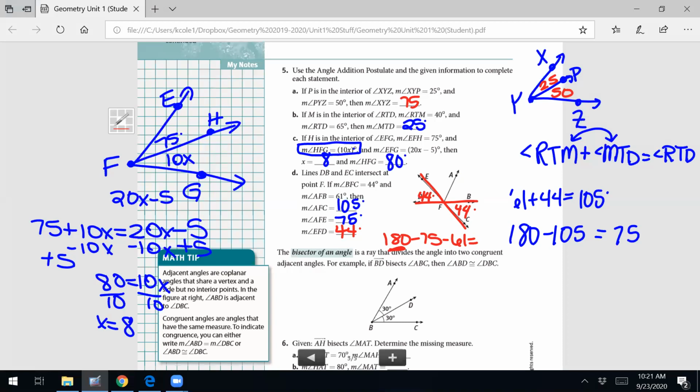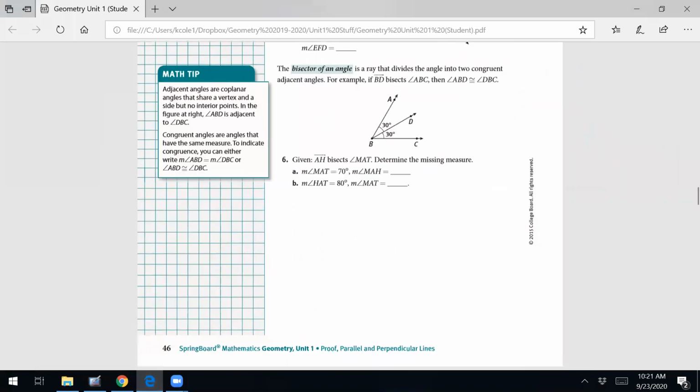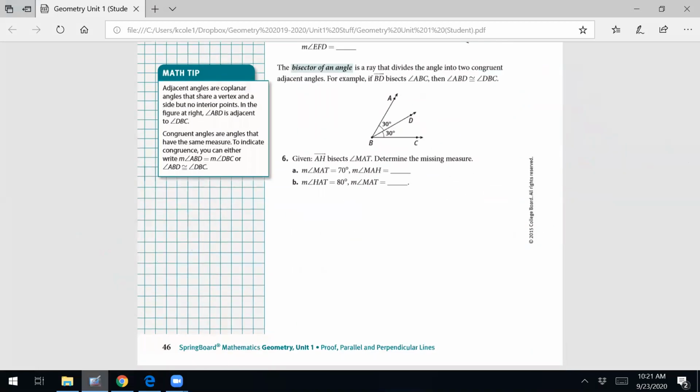So just like with segments, just dealing with an angle. So look with me at number 6. It says that a ray AH bisects MAT. Okay, bisects means it cuts it directly in half.